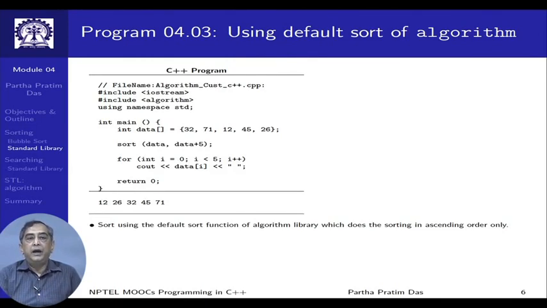If you are trying to sort arrays of a type known to C++, that is, the built-in types, then it is optional to give the comparison function. If you do not provide it, then by default the sorting happens in ascending order.